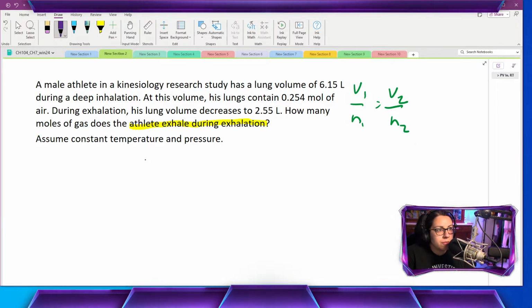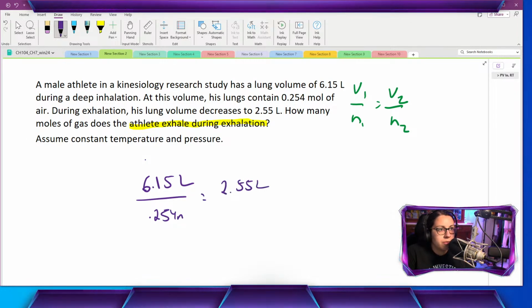So again, we had our V1, 6.15 liters, and initially 0.254 moles. And then we decrease to 2.55 liters. It asks for exhale though, but we need to figure out, well, how many remained?